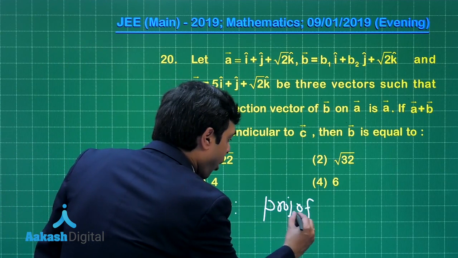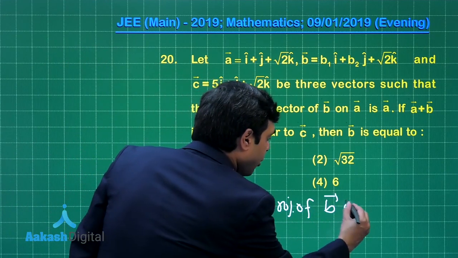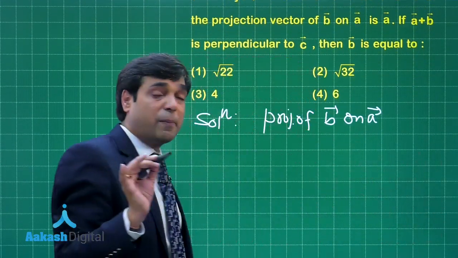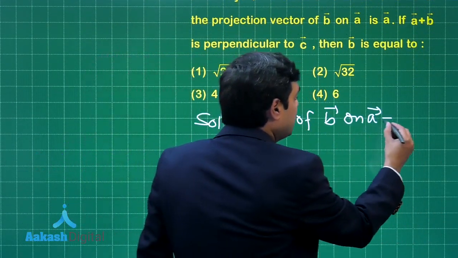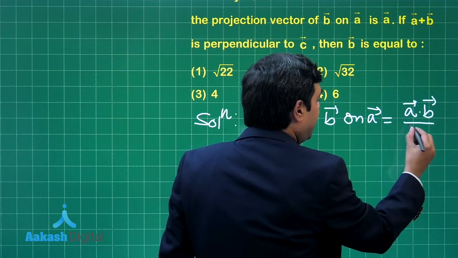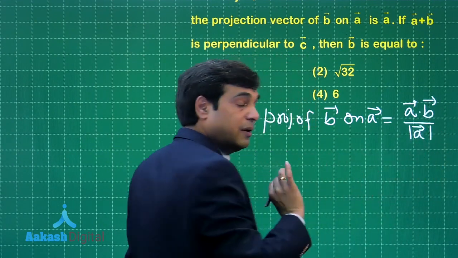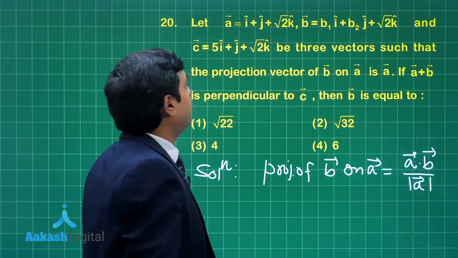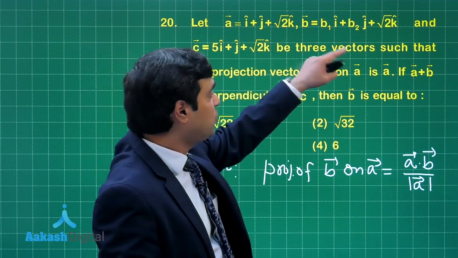Projection of B on A. When you talk about projection as the scalar quantity, you simply have A dot B divided by mod A. This is clear? Now, A dot B is simply b1 plus b2 plus 2.